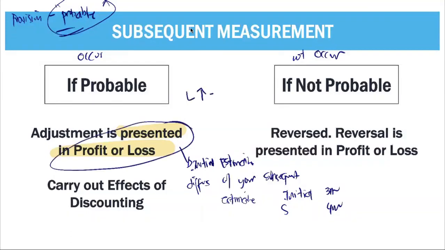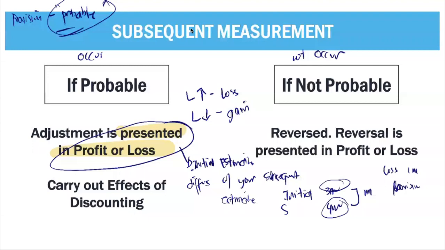If the liability will increase, the loss will increase. If the liability will decrease, you have a gain. So in our example, initially we have 3 million, now it's 4 million. Increase or decrease? There is an increase. The increase of 1 million will be treated as a loss. So we debit a loss of 1 million, we credit a provision on the particular liability, 1 million pesos.